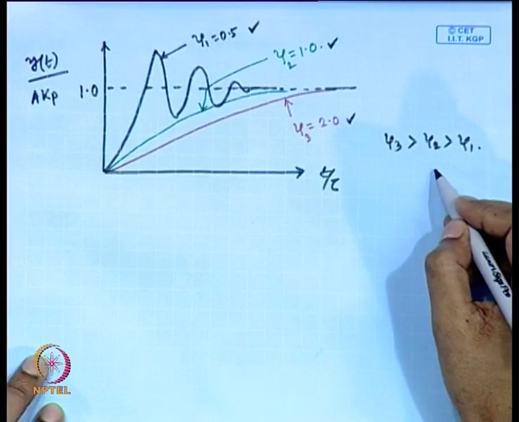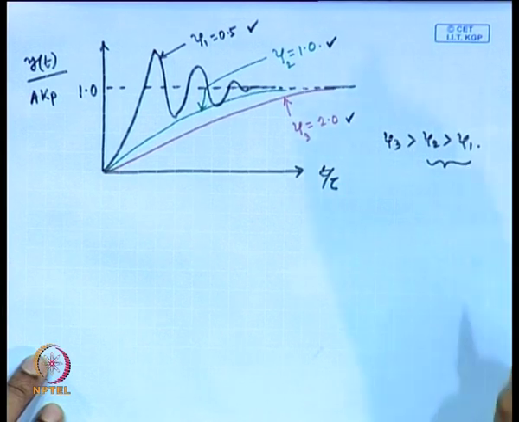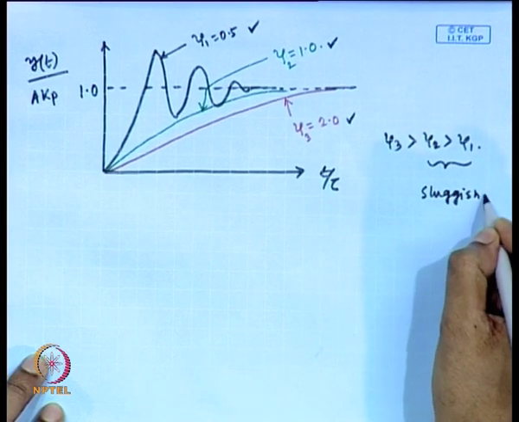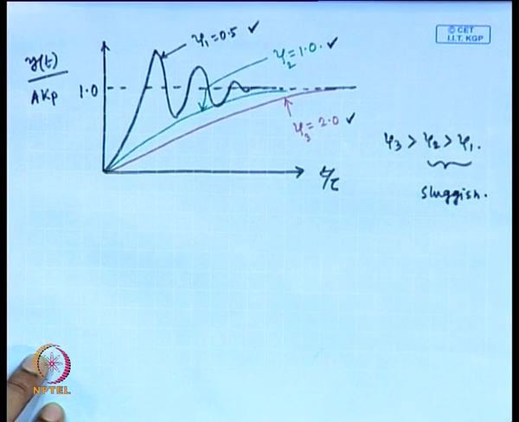Usually these two cases, zeta 2 and zeta 3, are characterized as sluggish. The responses under critically damped and overdamped response are characterized as sluggish. Fine.